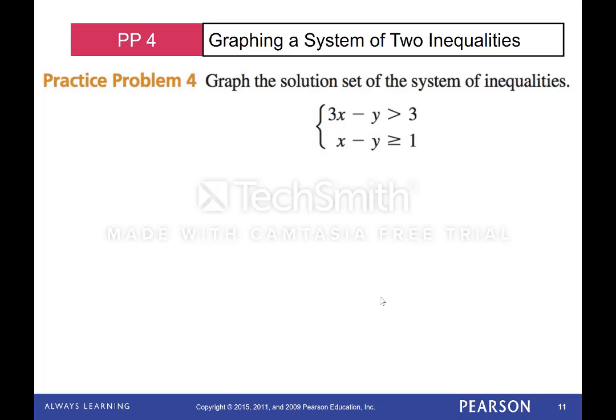We do have an option here of either using the intercept method that we did for practice problem number 3, or the y equals mx plus b, slope-intercept method like we did for practice problems 1 and 2. I have to decide which way to go about it. I think y equals mx plus b is a better method because you get straighter lines.